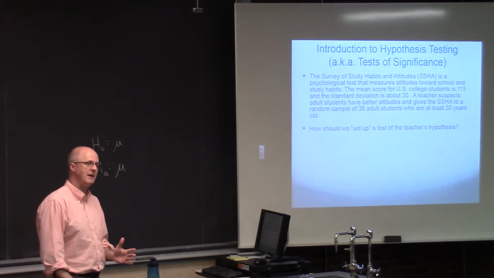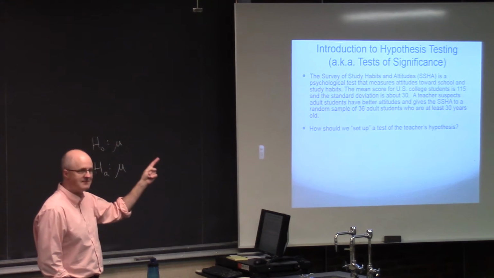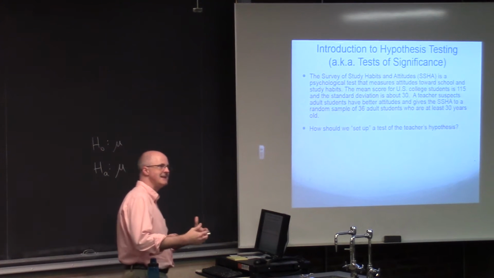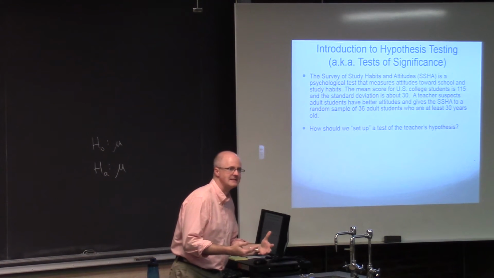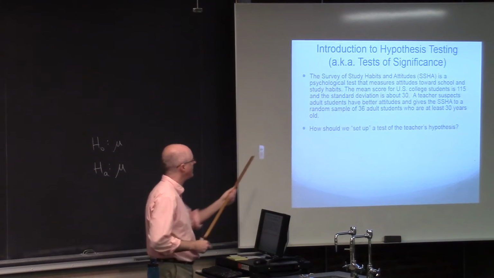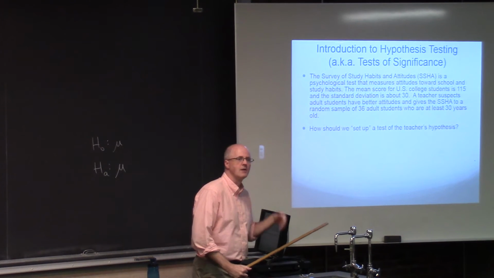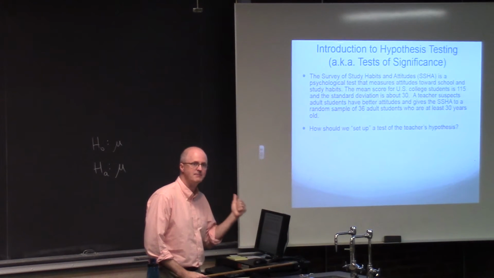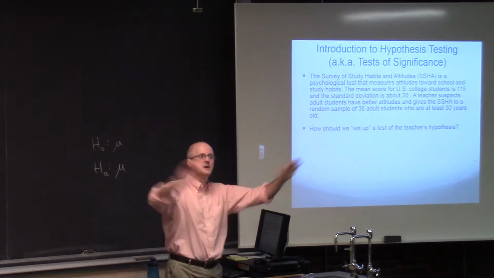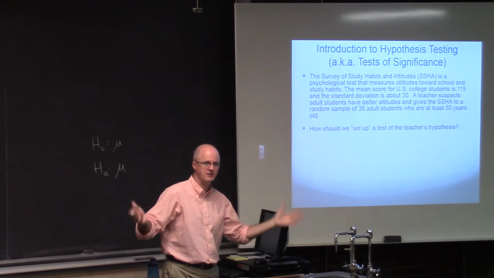The alternative hypothesis, H A, is quite often what the person who's doing the test, it's what their theory is. And by the way, mu here, since her theory is about adult students, age 30 years or older, this mu, this population mean, is supposed to represent the mean score for all adult students, not just your sample, for all adult students in the whole country age 30 years and older.